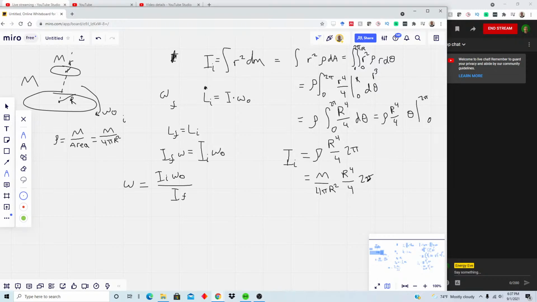So 4 times 4 is 16, and 2 gives us 1/8. We can get rid of these two, we're left with 2, and so we have M R squared. This pi cancels out. This divided by 8, because 2 over 16 gives us 1 over 8.